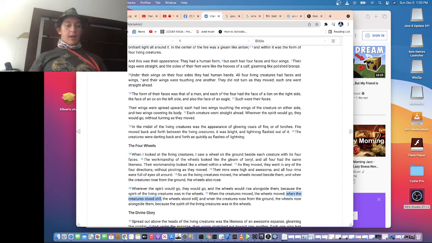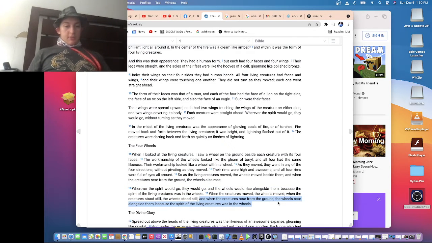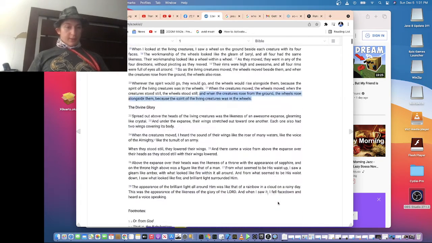And the reason why most of you get this so far off, why it's so hard to make out what this is, is that it's actually more simple than you think it is. And when the creatures rose from the ground, the wheels rose alongside, because the spirit of the living creatures was in the wheels. Alright?